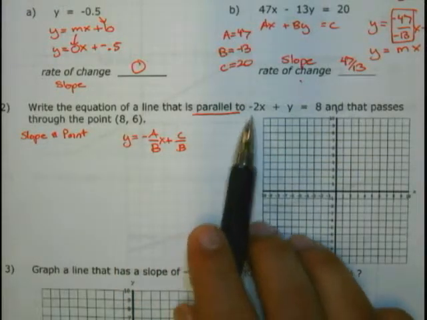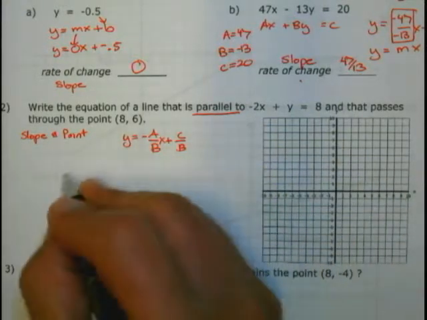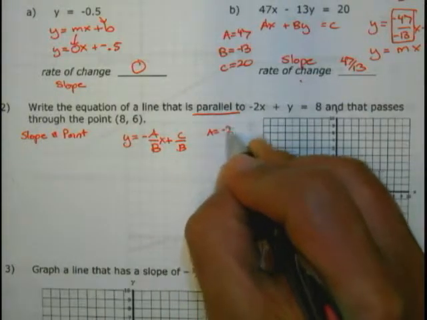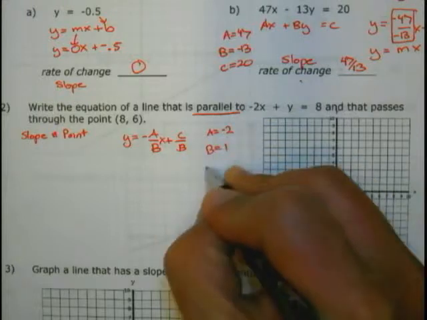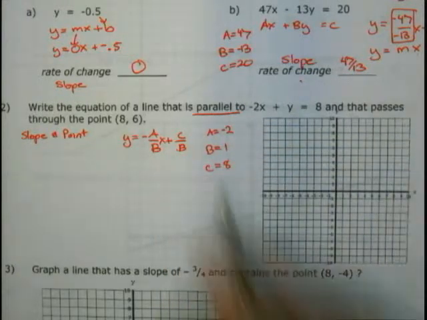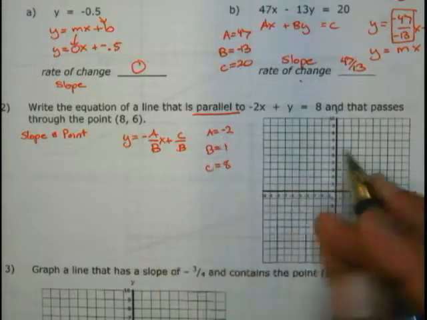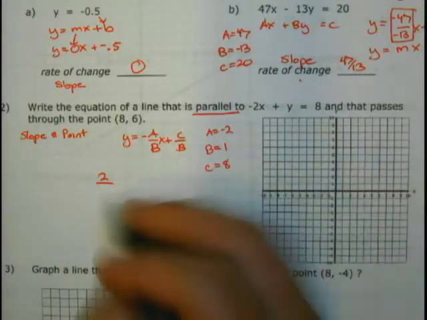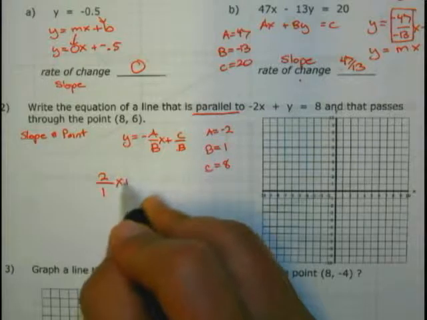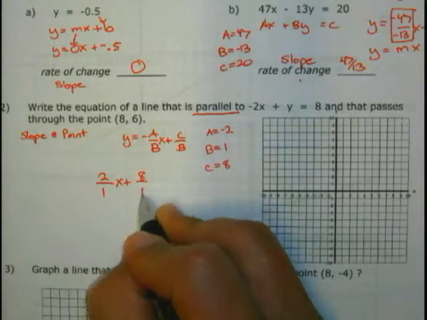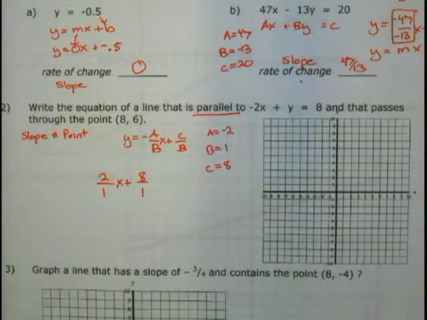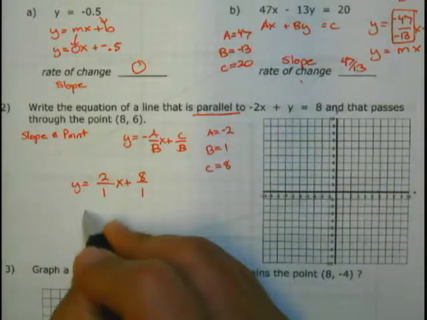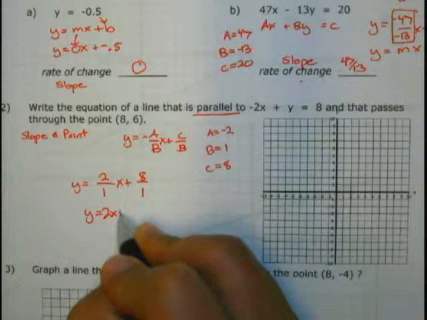And let's begin with A. A is negative 2, B is 1, and C is 8. Let me take the opposite of A, which is negative 2, is positive 2. So we're going to have 2 over 1x plus 8 over 1. So in this case, my equation of this one is y is equal to 2x plus 8.